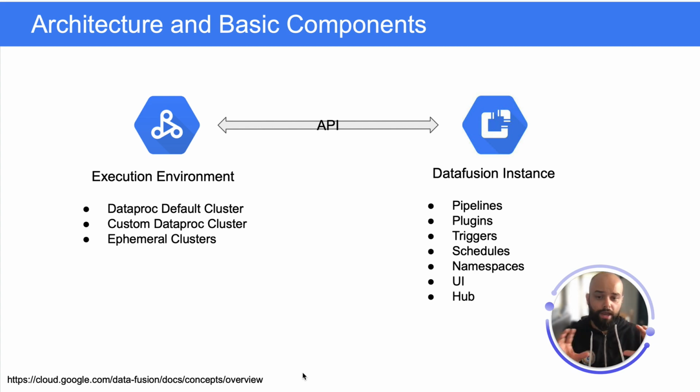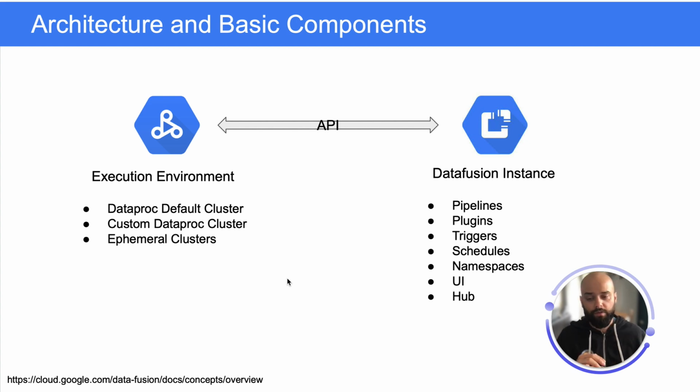We have the two main components, execution environment and Datafusion instance. Starting with the execution environment. As I mentioned, this is a Dataproc cluster. And when we create our Datafusion instance, create pipelines, and we don't do any changes on our pipeline to select a specific cluster, we're gonna use the Dataproc default cluster. So no worries with managing infrastructure.